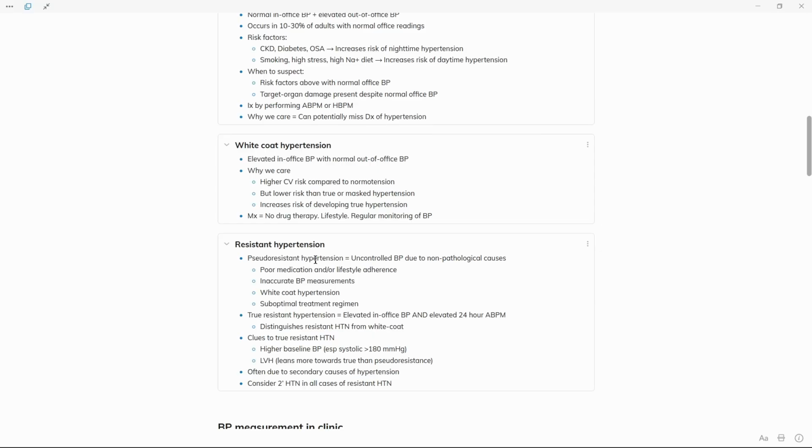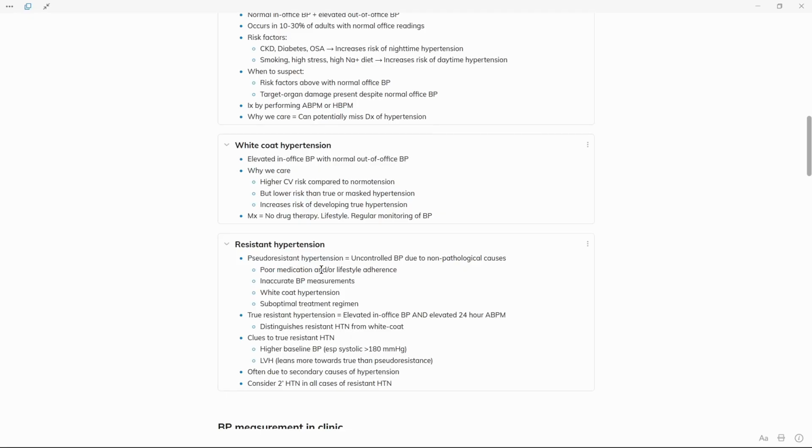The four main common causes of pseudo-resistant hypertension are: number 1, poor medication or adherence to lifestyle treatment. Number 2, inaccurate measurements of blood pressure. Number 3, white coat hypertension. And number 4, the patient is just not having optimal treatment. That is, the doses or the medications that they're on are suboptimal. And so they don't actually have a truly uncontrolled blood pressure. They just have different factors that make it look like they have uncontrolled blood pressure.